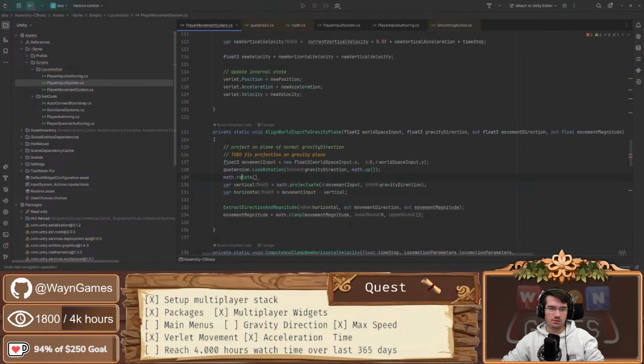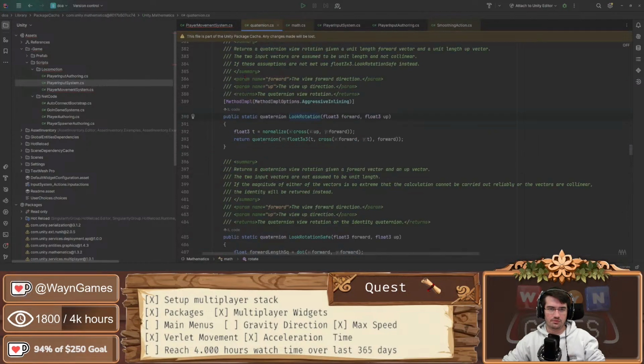Is it a unit quaternion? Return the quaternion view rotation given a unit length forward vector and a unit up vector. Both are assumed to be unit length and not collinear. If this is not true, use look rotation safe from float 3.3.